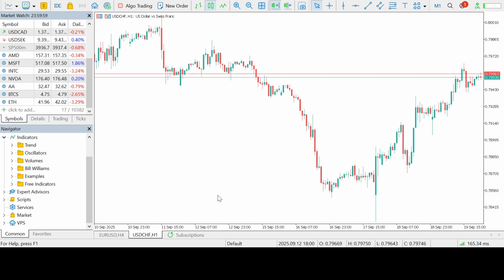The MT5 depth of market feature shows order book information for supported instruments. While this does not directly apply to option trading, understanding the market depth concept improves your ability to time entries and exits on your option trading strategy. The platform supports more advanced order types and automated trading systems compared to the MT4.